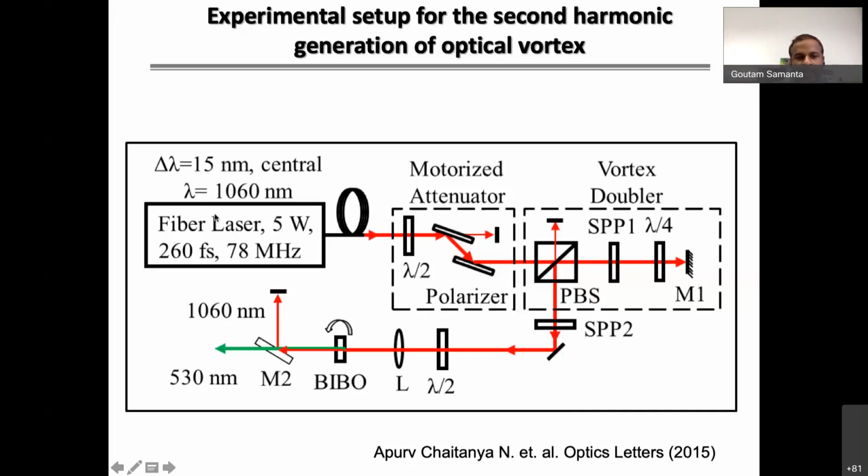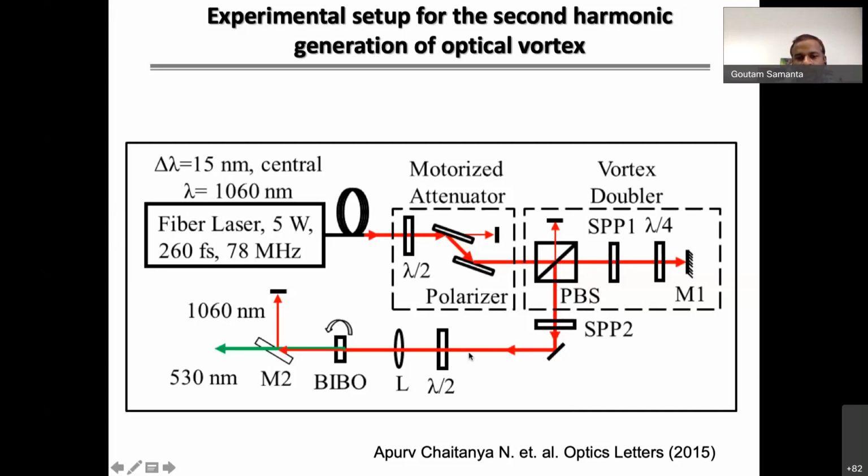To study that, we use a laser, a black box femtosecond laser. We attenuate that laser beam, and using spiral phase plates in different combinations and putting them in different places, we can generate optical vortex beams of different orders, up to order 6.